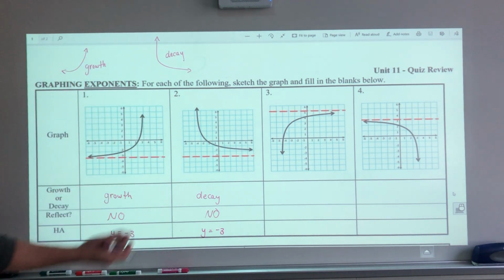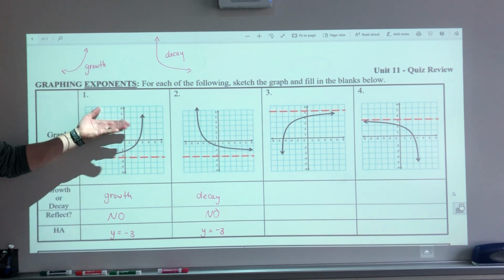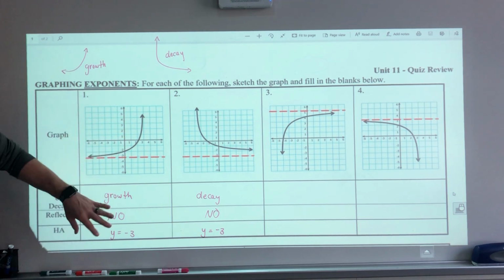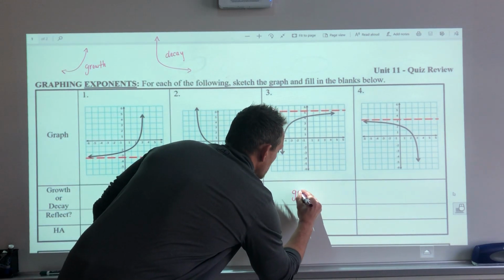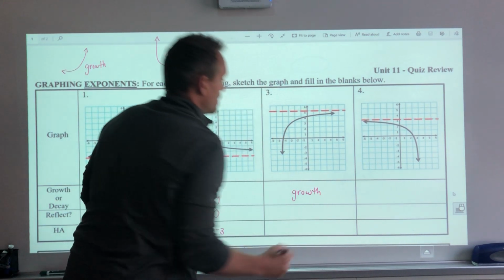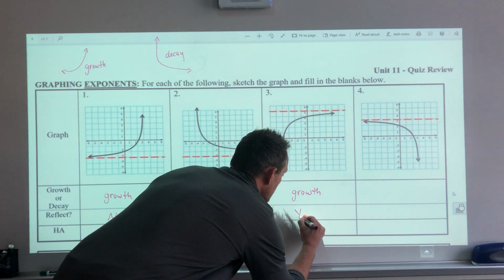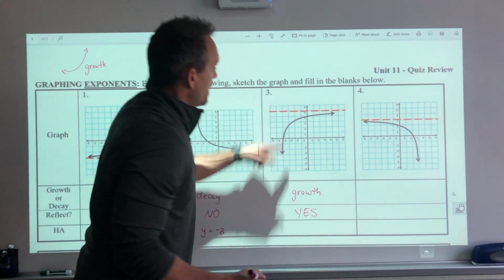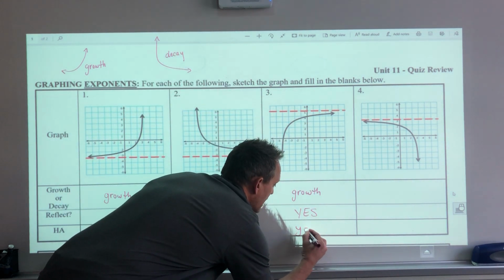We look over to this one. If we took this one and flipped it over an x-axis, from top to bottom, this is still a growth function. It has been reflected. And our horizontal asymptote is at y equals 5.